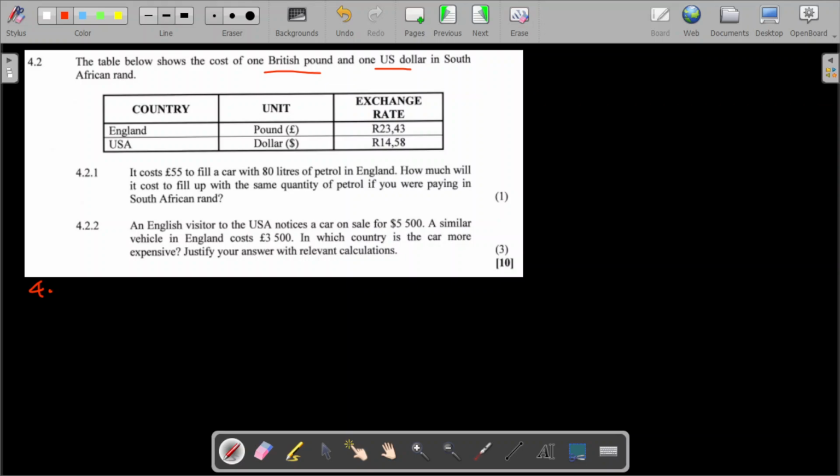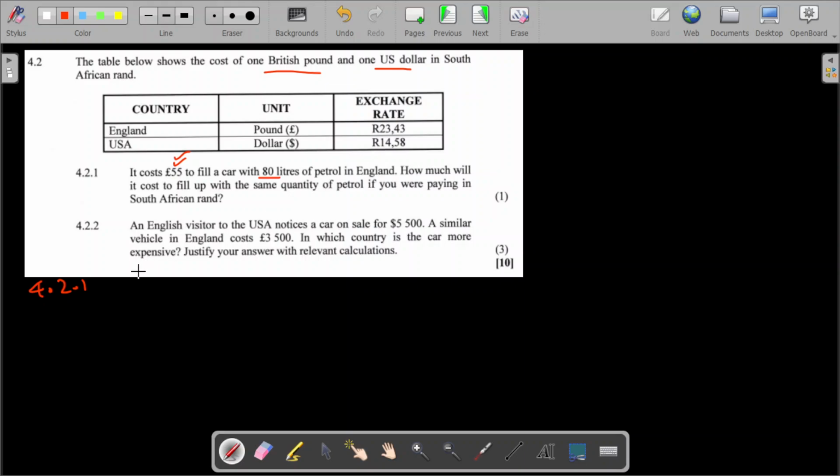Now in 4.1.2, it costs £55 to fill a car with 80 liters of petrol in England. How much will it cost to fill up the same quantity of petrol if you were paying in South African rand?